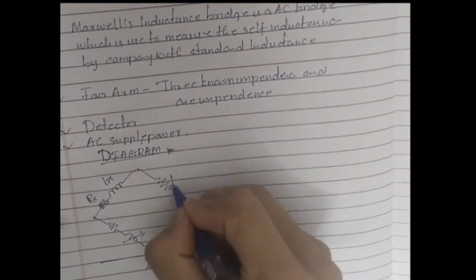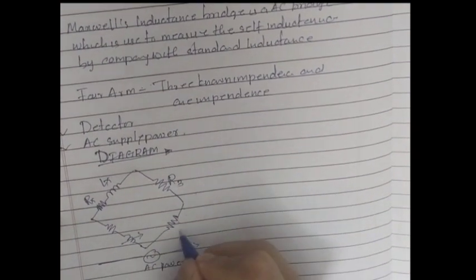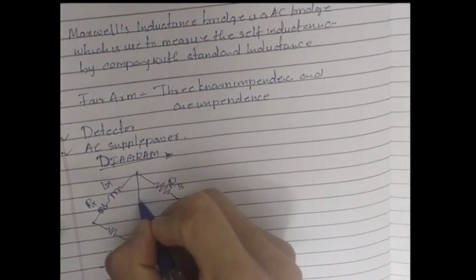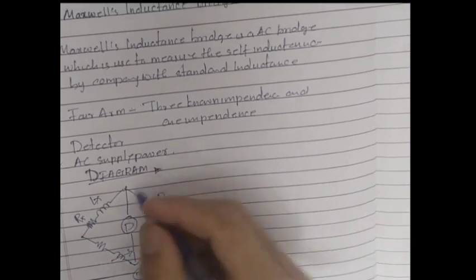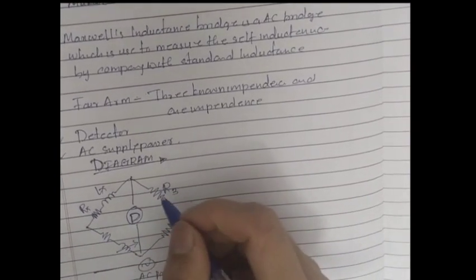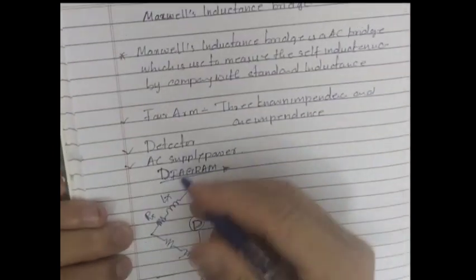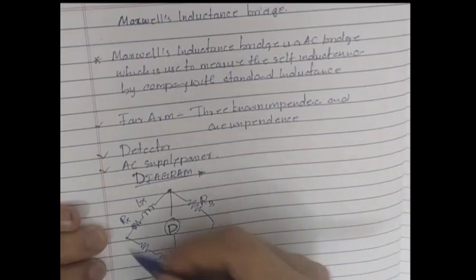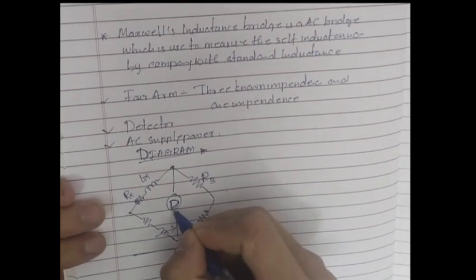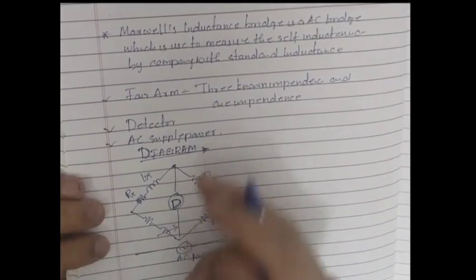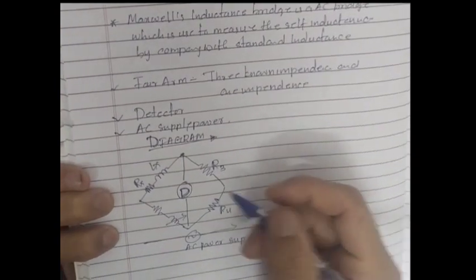This is resistance R3, and this is resistance R4. In between there is a detector, which is used to balance the network. If the network is balanced, no current flows through the detector, and the bridge is said to be balanced.